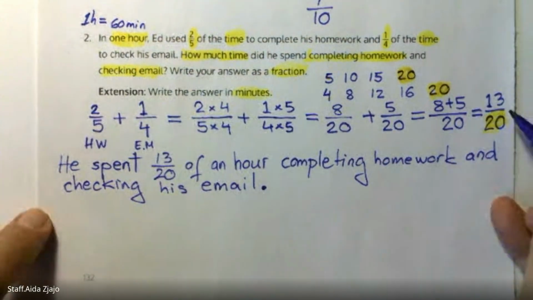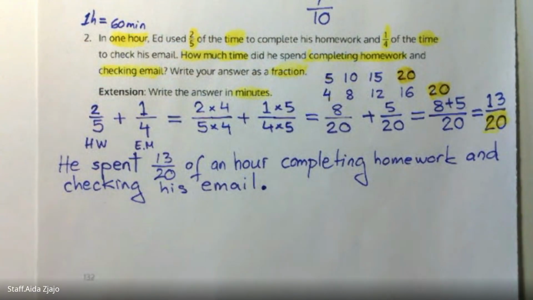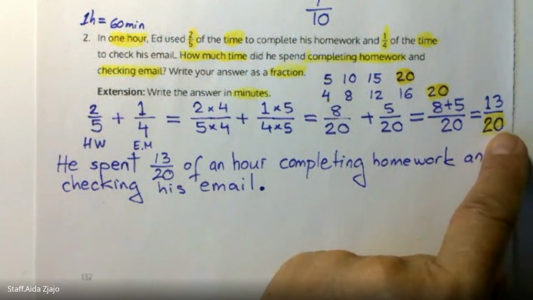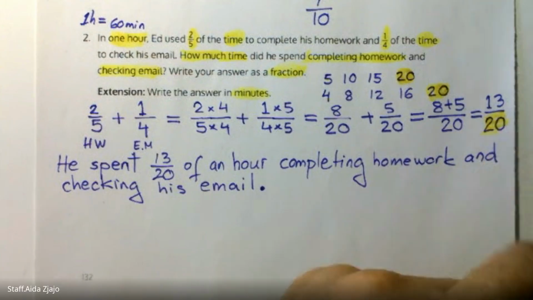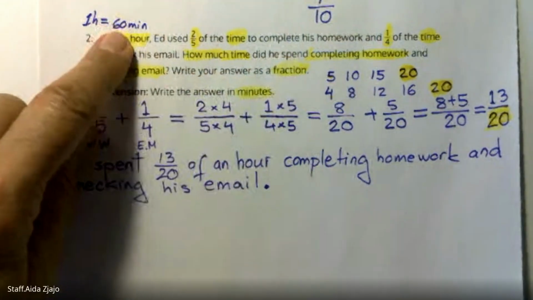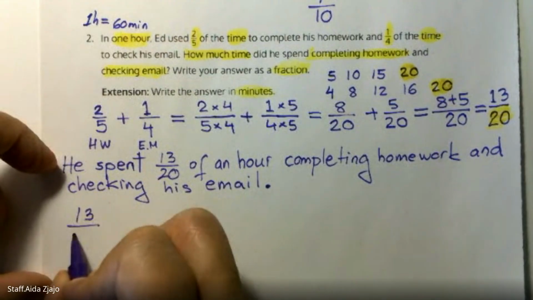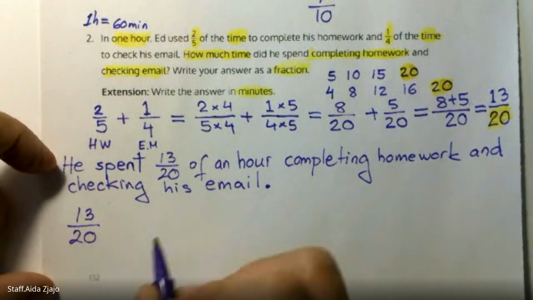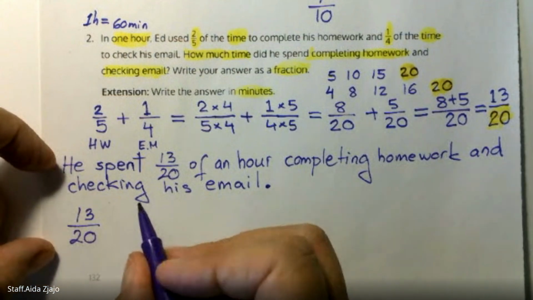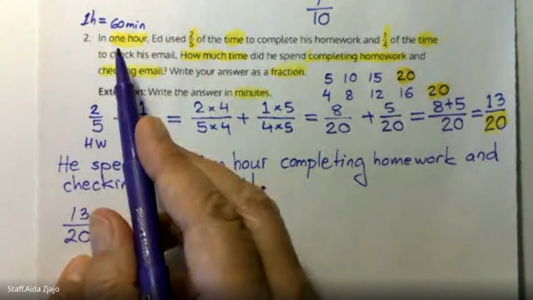So we know now that this is 13/20. We can think about, we know that this represents an hour, 13/20 of the whole, and the whole is 60. So when you think about this, 13/20 of the 1 hour, we needed to change the bottom to be 60 minutes.